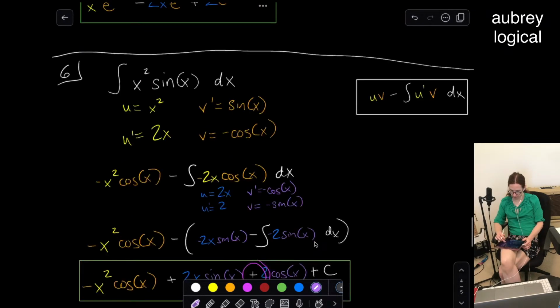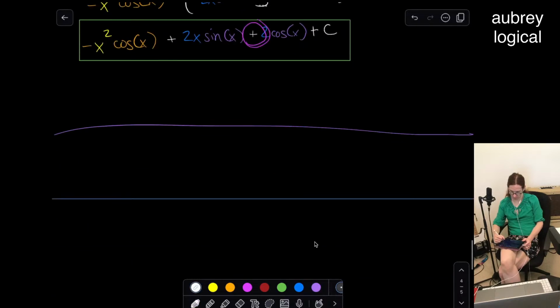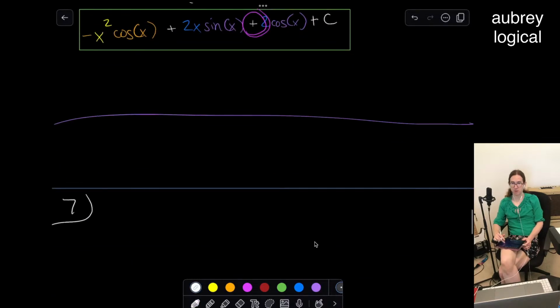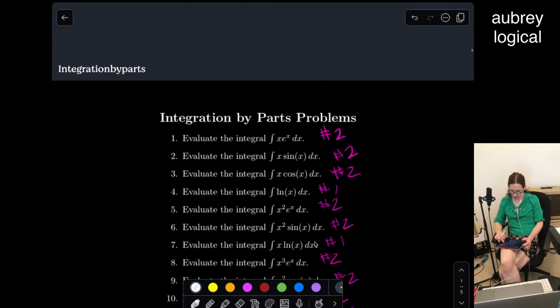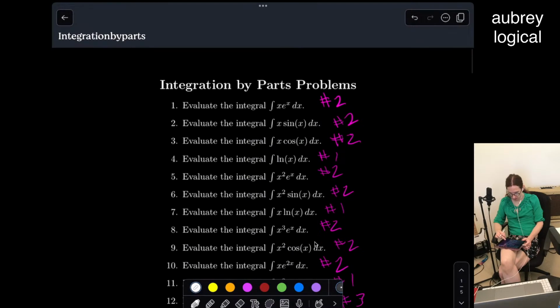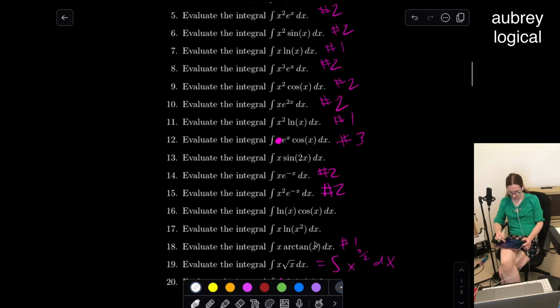Let's do number 7. Number 7 is x times the ln of x.